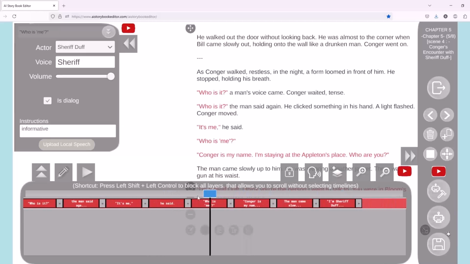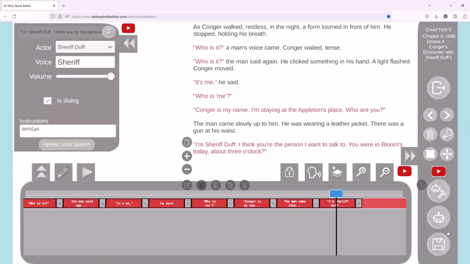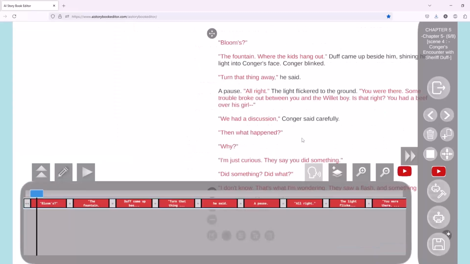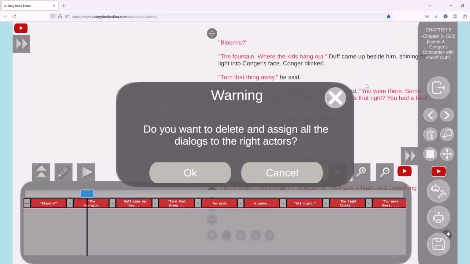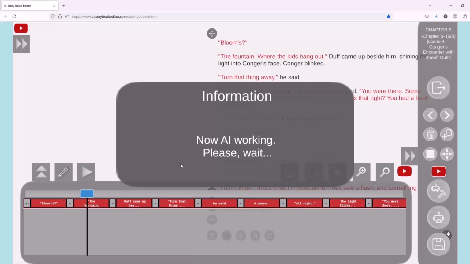Conger is my name. I am the sheriff. Okay, now the emotions match the text of the story. We are going to perform also an additional analysis for the rest of the pages of this chapter.